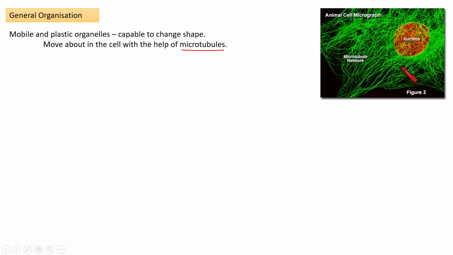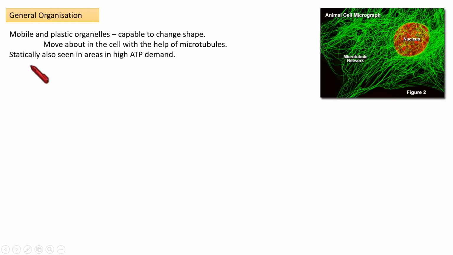It is the skeleton of the cell, and through that skeleton the mitochondria moves all around the cell, providing energy where it is required, in time. So the microtubules are the medium that helps the mitochondria to move.